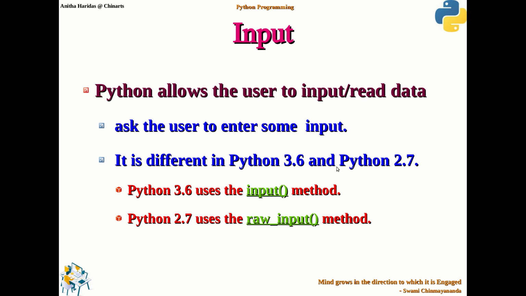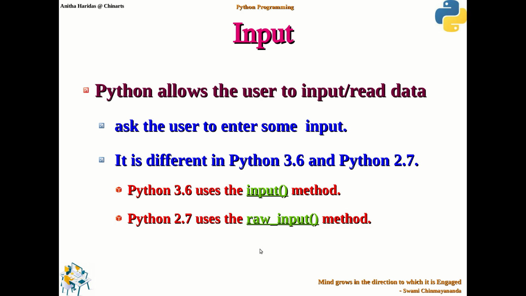So Spyder 3 is using Python 3.6, right? But if you are using Python 2.7, it is using raw_input as the method to read the data from the user. If you are using 3.6, right from version 3 onwards, we are using input as the method for reading the data.